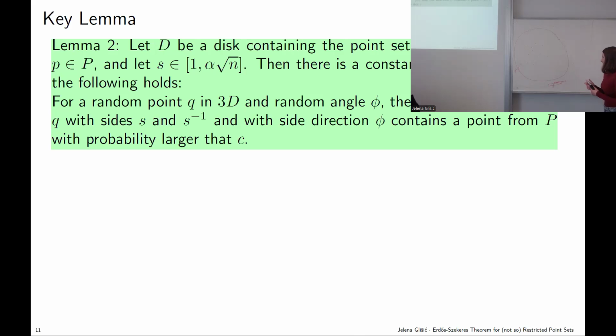This is how you can characterize a rectangle. The randomness will come from picking some random point inside this disk, Q. Let's say it's here. And I will pick some random angle phi. Well, let's say it's this one.